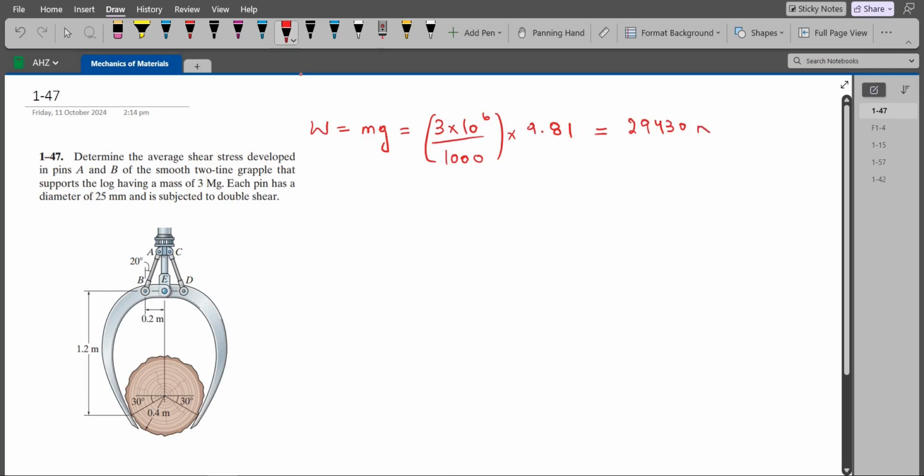29430 newtons. Now if I draw the free body diagram of this log, it would look something like this. I have a normal reaction from the grapple onto the log. Similarly, another one. And I have a weight acting in the vertically downward direction.